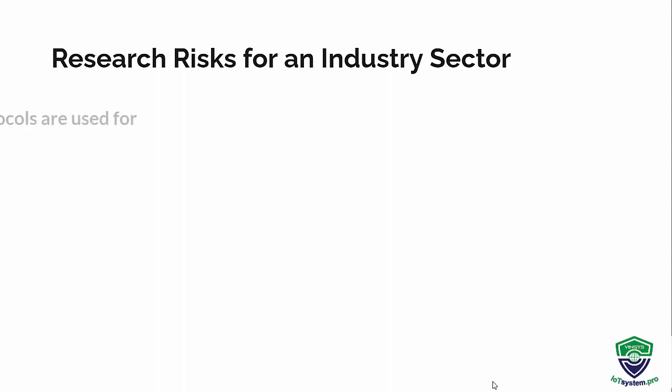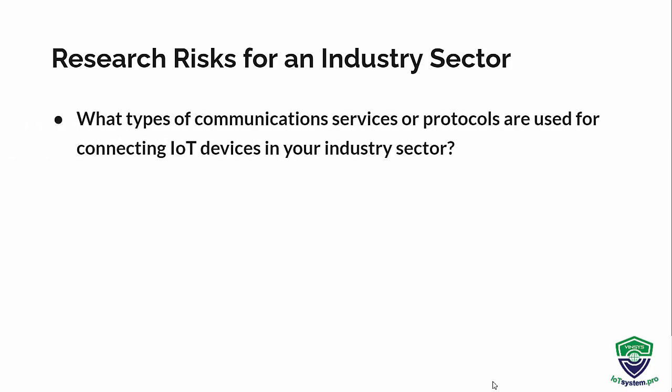The first question is, what types of communication services or protocols are used for connecting IoT devices in your industry sector? For example, in our SCADA PDS power management, we use the Modbus and MQTT protocols.